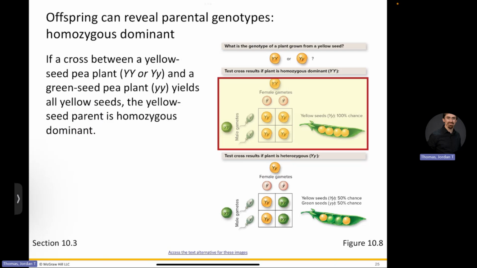So homozygous dominant. I went a little too far, so I'm going to skim through this part. This goes over the same thing I just did. If a cross between a yellow seed plant, big Y, or big Y, little y, excuse me, and a green seed plant, little y, yields all yellow seeds, the yellow seed parent is homozygous dominant.